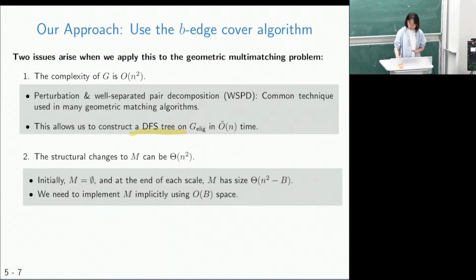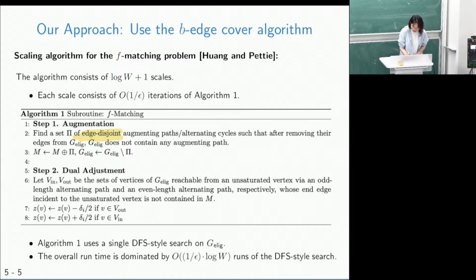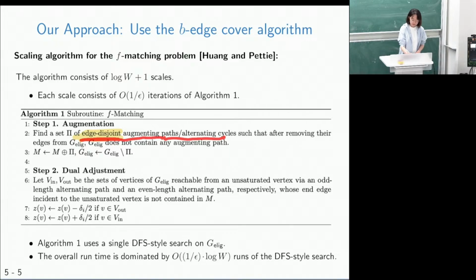However, in our case, our goal is to compute a set of edge disjoint augmenting paths and alternating cycles. Because in our case, this is one point, and it might be incident to many matching edges.